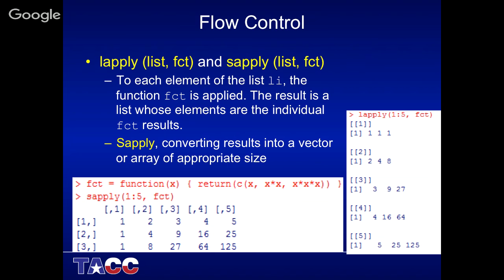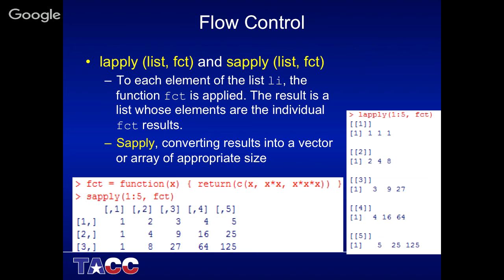That's what the function is, and you're applying it to every element of the list 1 through 5. So what you're getting here is for the first element, when this function is run, it returns 1 square, 1 cube, which is 1, 1, 1. And same for 2. So it gives you individual lists.